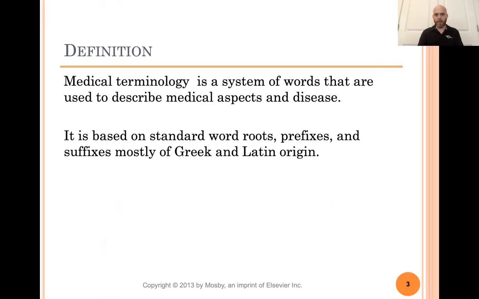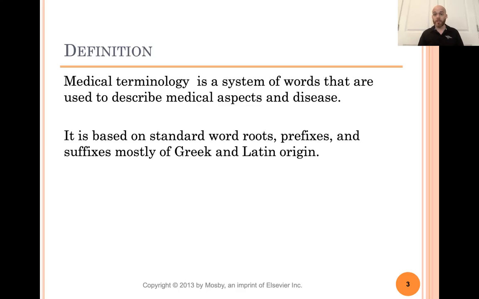We have that in place so we can keep things very similar throughout the world, because you don't want to have medical records, people moving from country to country, taking their medical history with them, and if things are written in completely different languages and not even from the same root words, then doctors are going to have to rely on translators just to know what their medical history is.